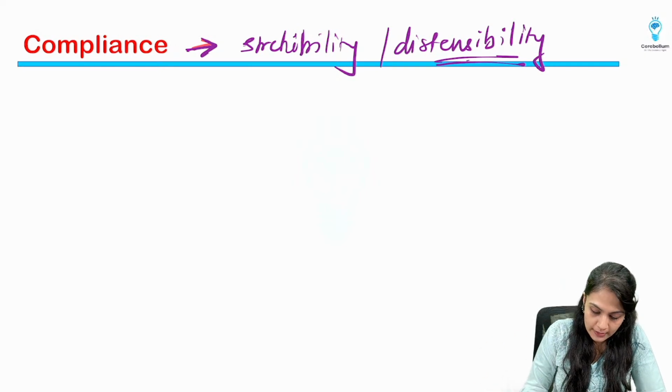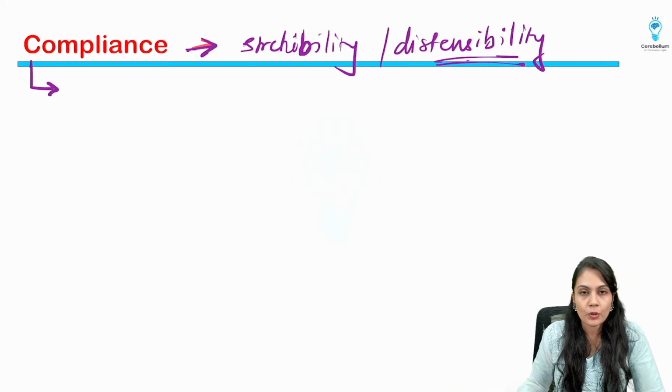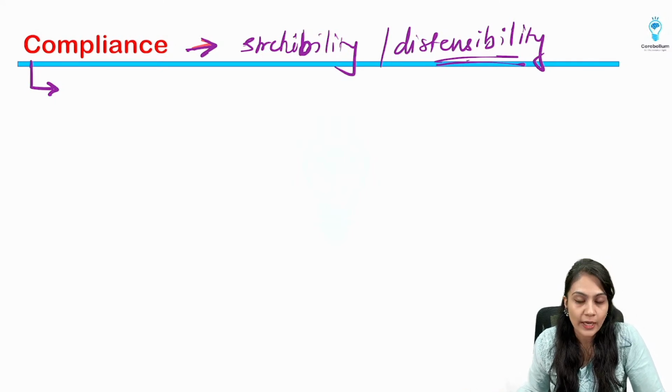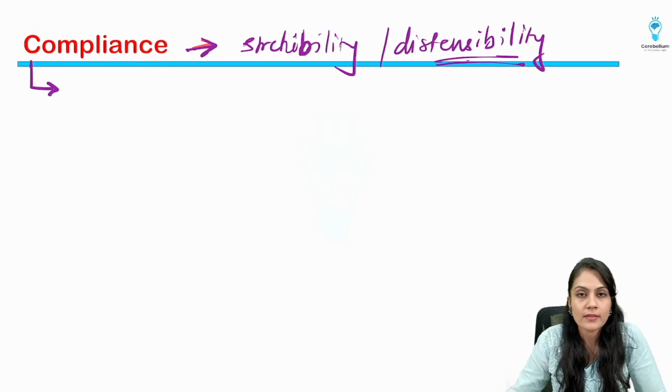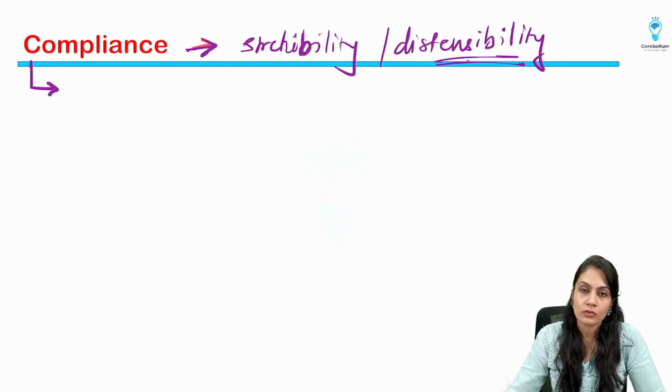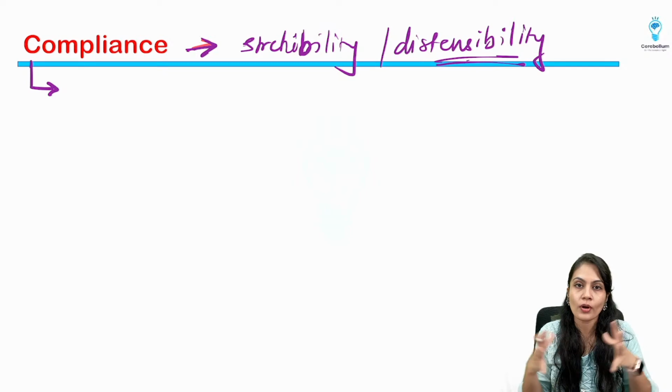So stretchability or distensibility, how to calculate that? Remember that the lungs are like a balloon, right? Compliance is how much the airways, that is inside the intrathoracic airways, inside the thorax, are able to stretch or distend.